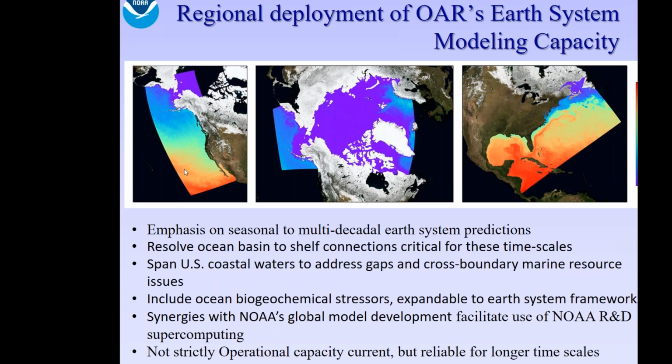They'd be forced at the boundaries from the global configurations, but really with a focus on spanning the areas around the US with a platform that is useful for studying ocean ecosystems and questions specifically related to fisheries.